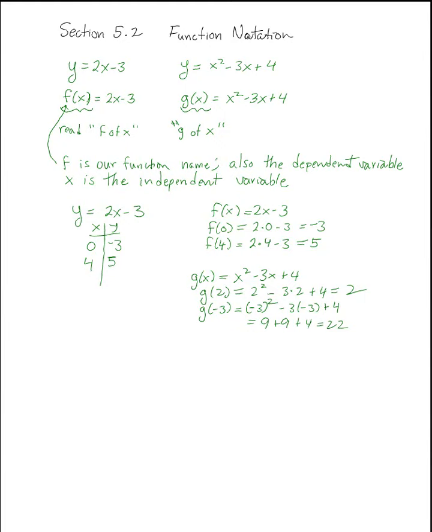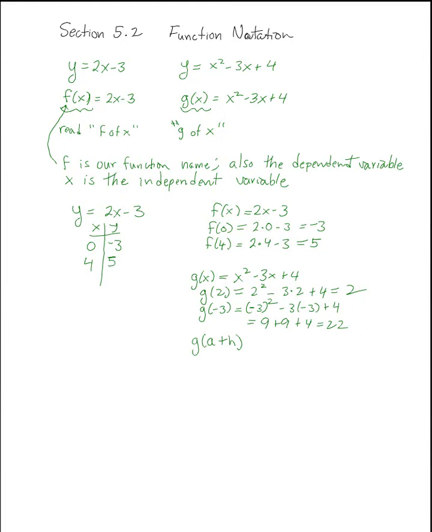Now, sometimes we do this. I won't put a number there. I might have g of x as x squared minus 3x plus 4, and I might ask you to find g at a plus h. Why would you want to do something like that? Truthfully, that's a couple classes ahead, but I just want you to get used to seeing it.